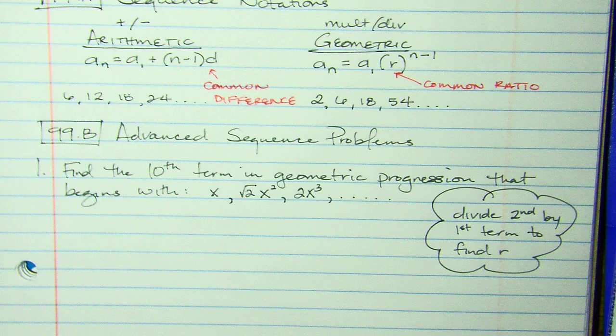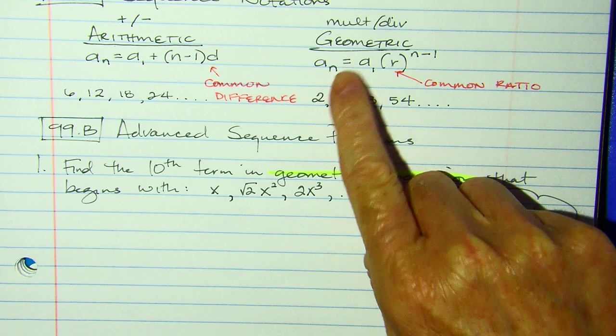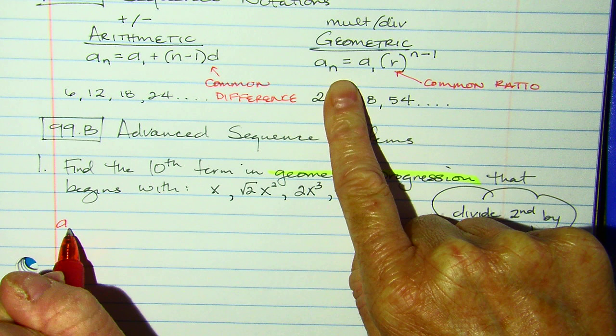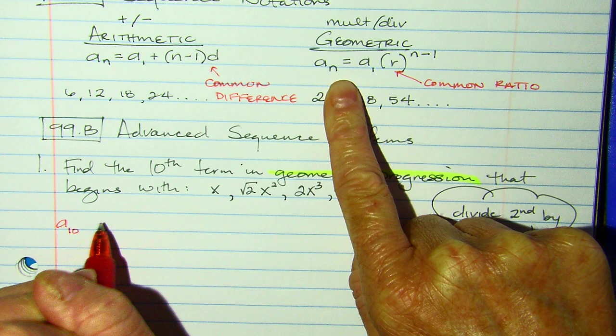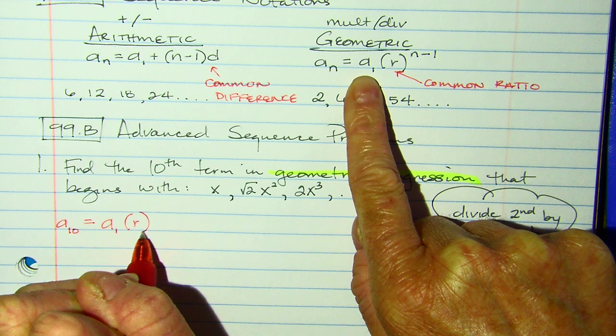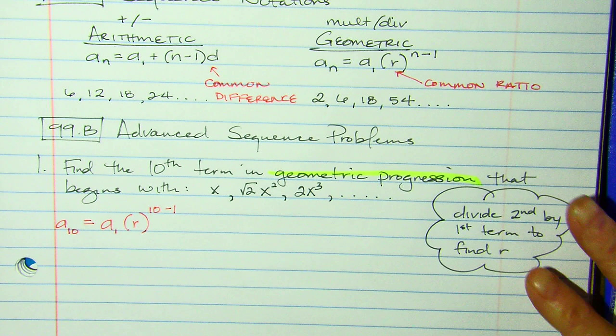Now, they told me this was a geometric sequence. That's really good to know because then I know the formula above. I know that a to whatever term, so in this case 10, would equal a1 times r to the 10 minus 1. Now, we are going to find r.